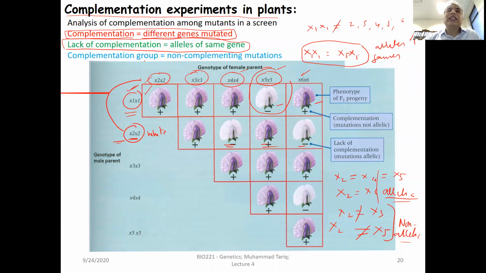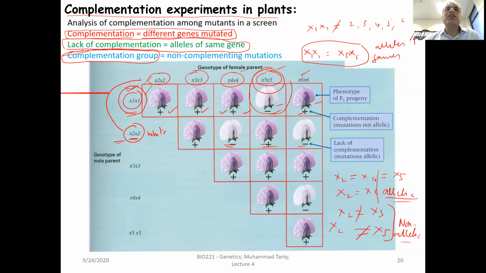Now, after this table, the ones which are not complementing each other, for example, X1 and X5, you will call this a complementation group. It's slightly confusing.